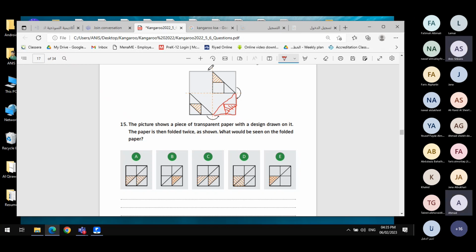And now if we flip this one, it will be the same. In fact, this side will stay the same, in the same position, right? This side will be here, and this side, of course, will be here. So the triangle up will be here.